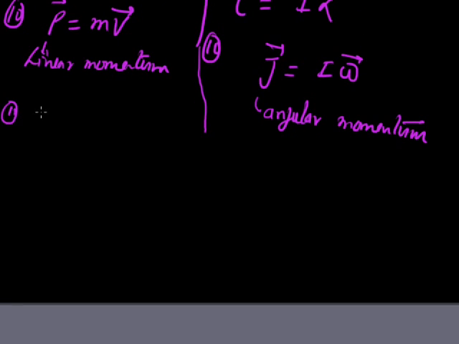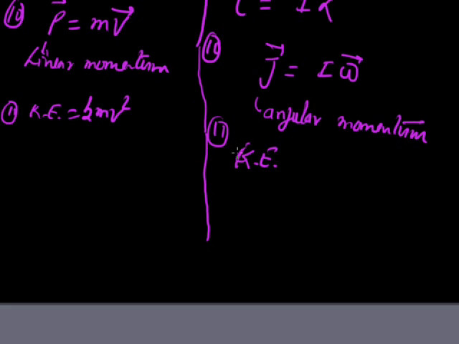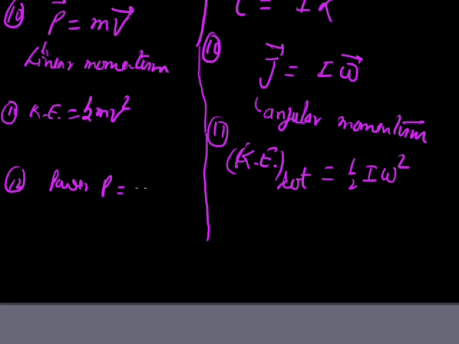Number 11. Kinetic energy is half mv square. Here rotational kinetic energy will be half I omega square. We know that power P is F dot v.